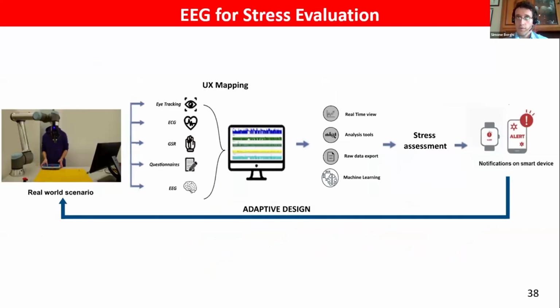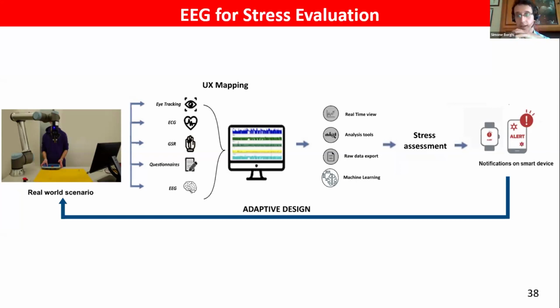So, what is the purpose of all this stress assessment? Let's remember that we start from the context of Industry 5.0, in which the human and the adaptability of technology to the user are key. Real-time assessment of stress using electroencephalogram and other sensors would allow the creation of adaptive platforms or technologies.